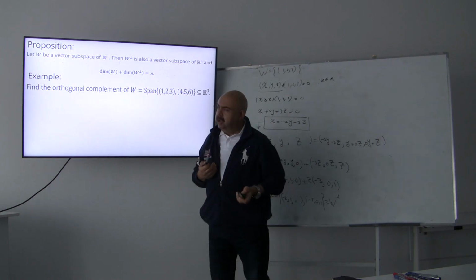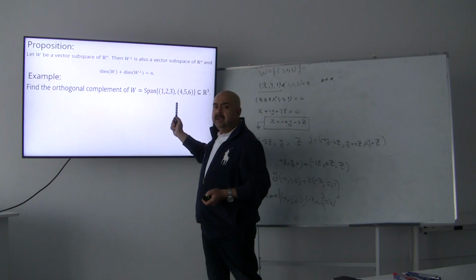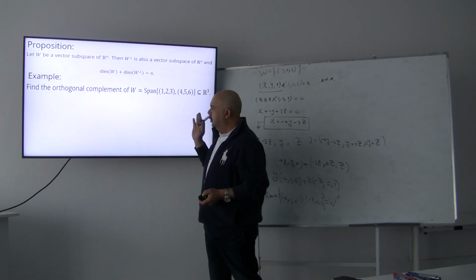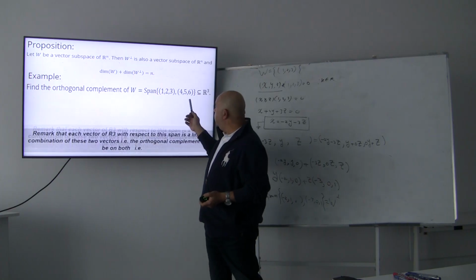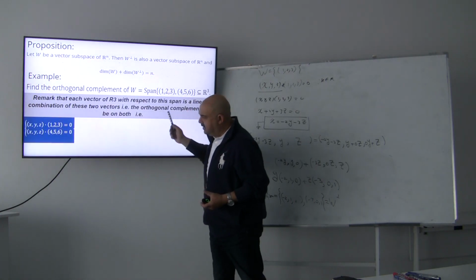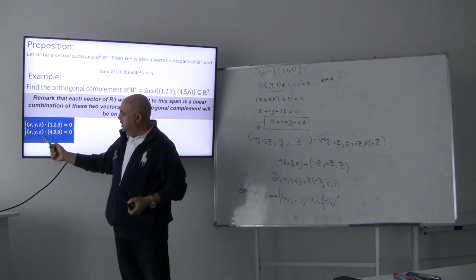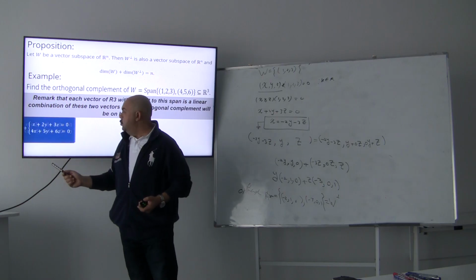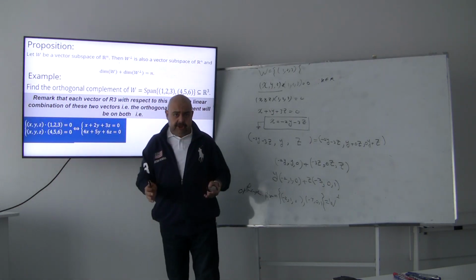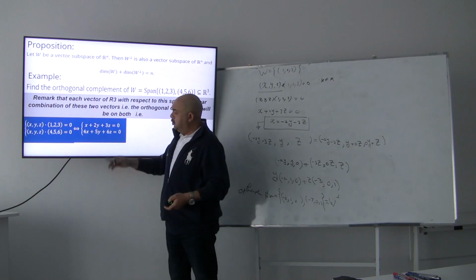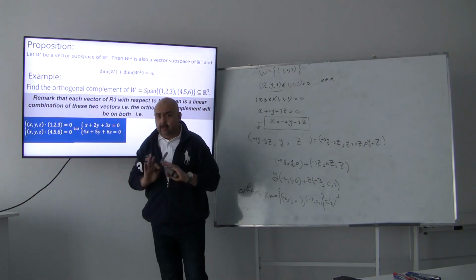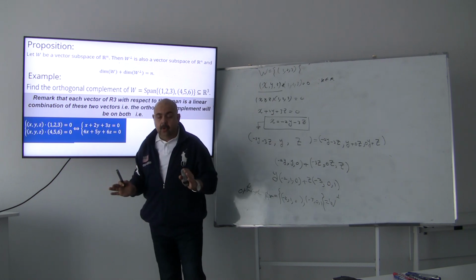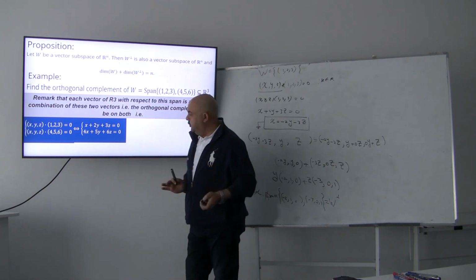So I know now, if I multiply 1, 2, 3 times xyz for the orthogonal complement, it will be equal to 0, and in the same way for 4, 5, 6, if we multiply xyz times 4, 5, 6, the result will be 0, and this will lead you to a system of 2 equations and 2 unknowns. I will try to solve this system the way you like it, either using Gauss-Jordan, or using the inverse method, or whatever you want to do.